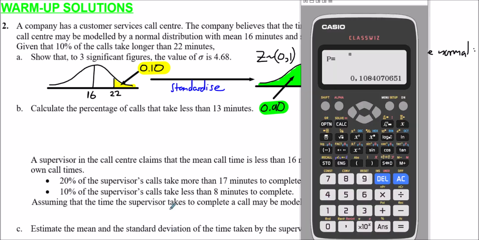So we go to menu, press option 7. This time we go to inverse normal, option 3. We want to work out the proportion of a curve where it's 0.90. What value would give that? The standard deviation for the standard normal curve is 1 and the mean is 0, so leave these as they are. That gives us a value of 1.28155.